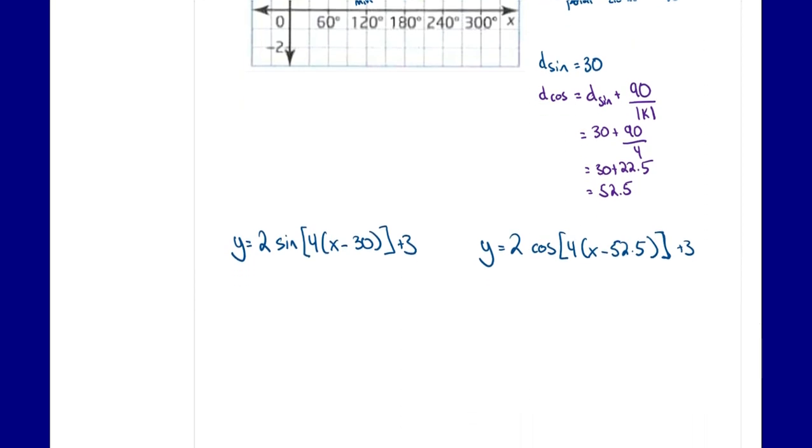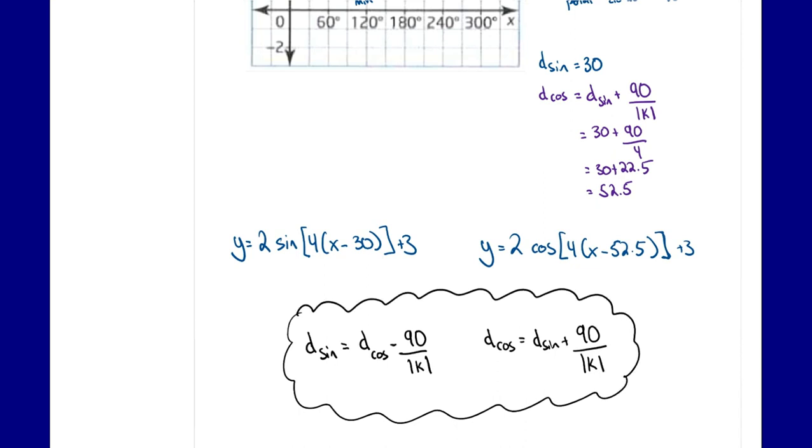And we did just mention, if I can't easily see or determine the d value in sine or cosine, there is a relationship between them. So the d value of sine is equal to the d value of cosine minus 90 divided by the absolute value of k, and the d value of cosine is equal to the d value of sine plus 90 divided by the absolute value of k.